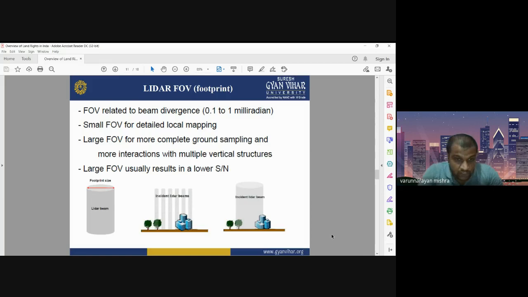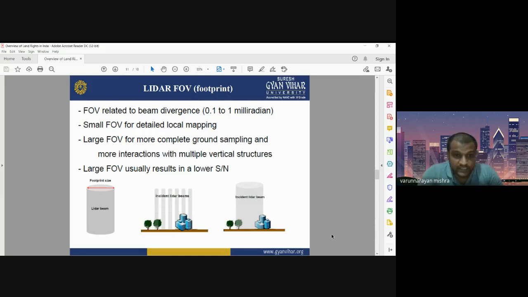If there is a small FOV, then you will get detailed information. If we have a large FOV, it gives more complete ground sampling and more interaction with multiple vertical structures. So for getting detailed information, your FOV should be small in the case of lidar.